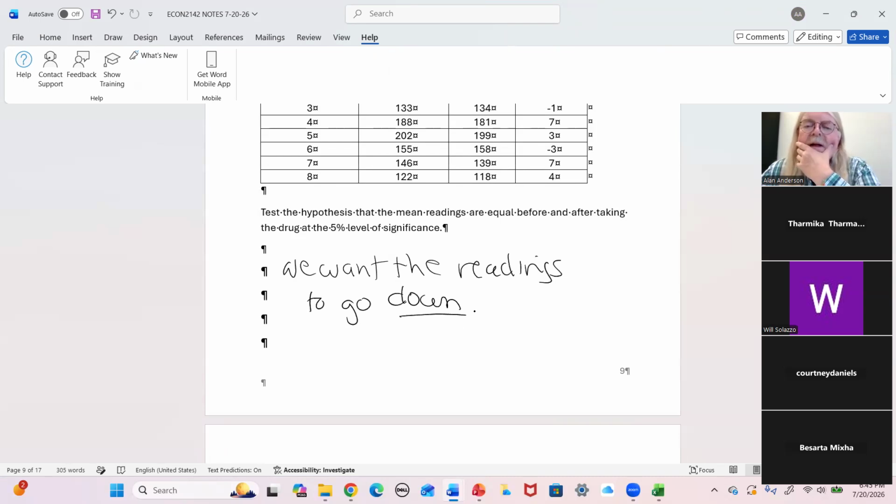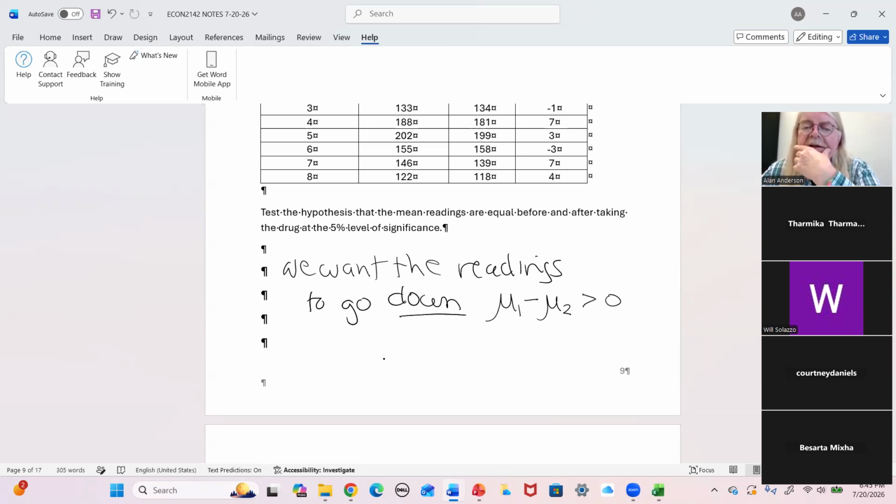So if that happens, then this difference was going to become positive or more positive.